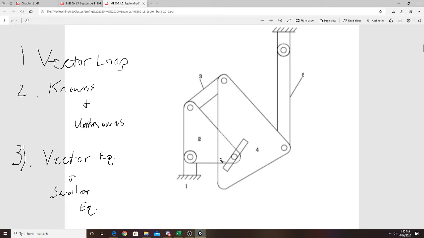So, real quick, if we were going to solve something like this, you guys might be wondering, how can we solve this, right? Because so far we've only ever seen questions that have one vector loop, right? And you guys would go, well, how would you do this in one vector loop, right?